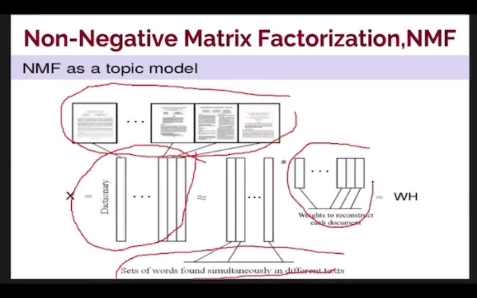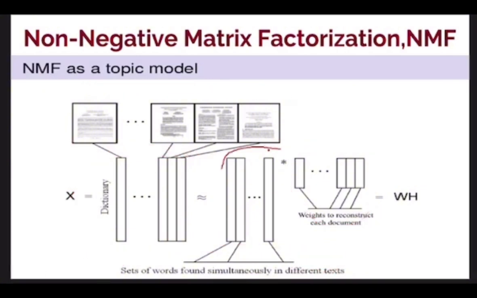The frequency of which word. And so this guy here is the W, and this guy here is the H. Do you know I can have a way to reconstruct? If I want to reconstruct the set of dictionary, I only need to multiply W by H. But multiplying W by H will not give us exact.